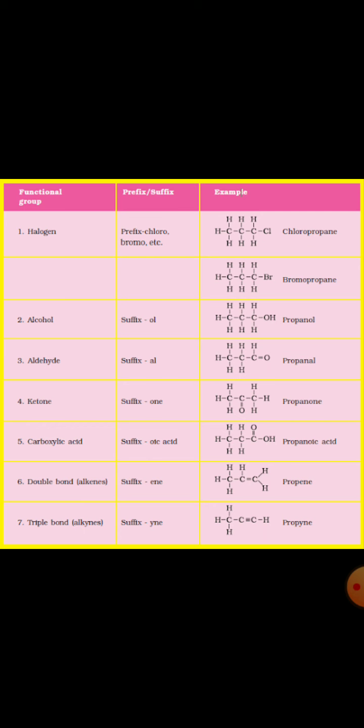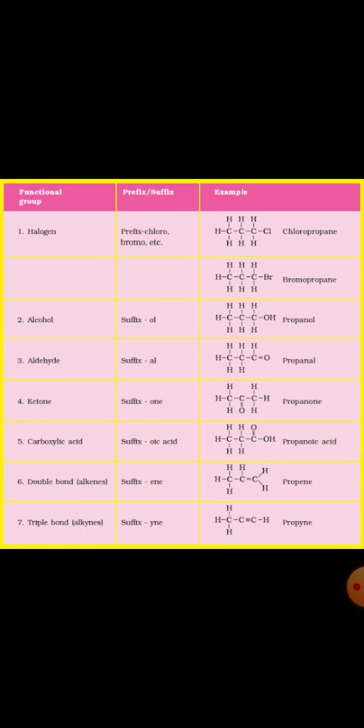Now let us see the example. Haloalkane, the halogen group, in which we will use the prefix as chloro, bromo, etc. Example is given: chloropropane and bromopropane. Here, as you can see, first the hydrocarbon chain is there. With that, the halo group is added, that is chloro. So this way we will write the name chloropropane.